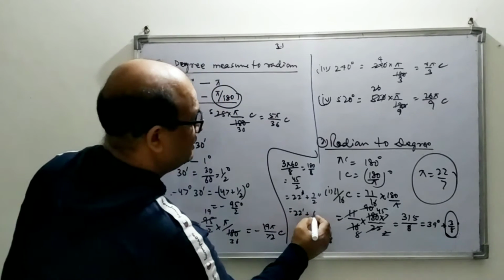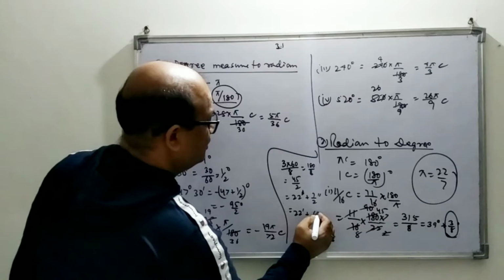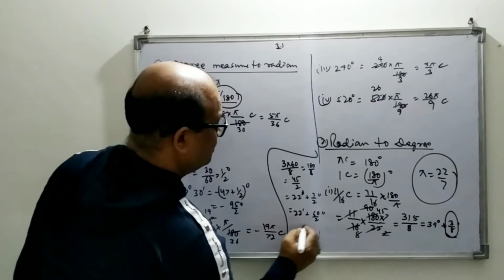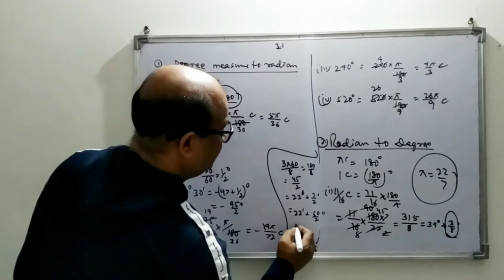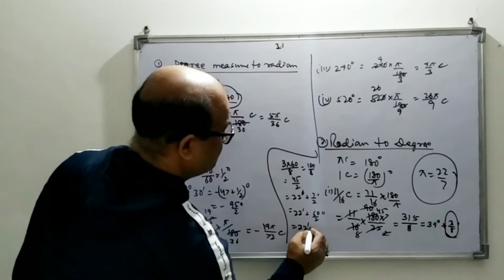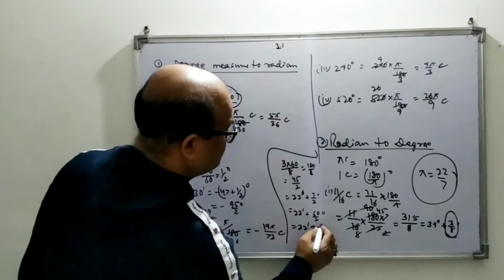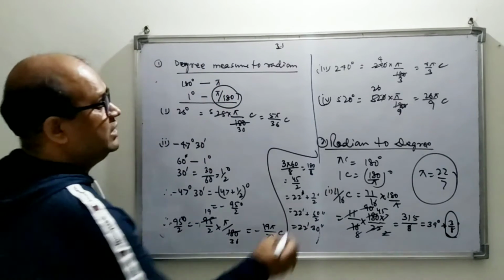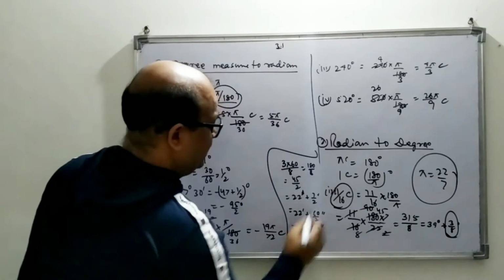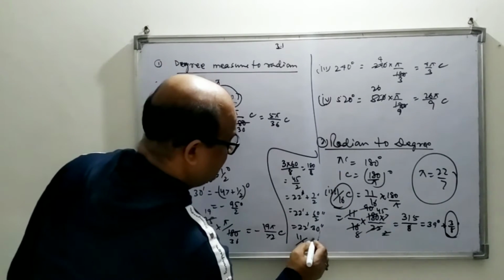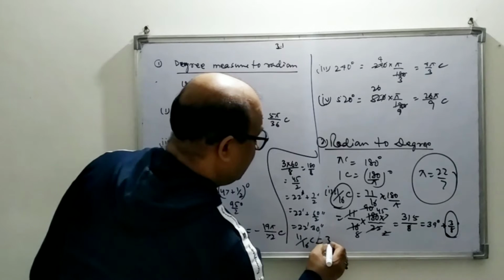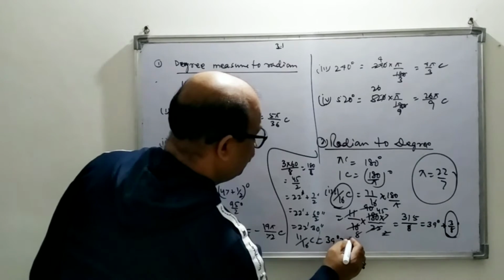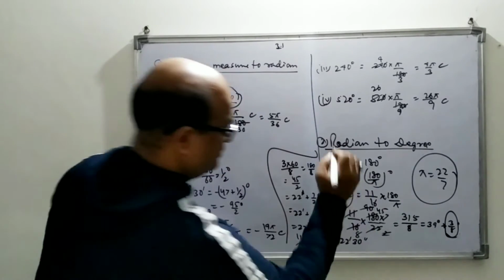Convert into seconds, 60 by 2. That is 22 minutes 30 seconds. So 11 by 16 radian gives you 39 degree 22 minutes and 30 seconds.